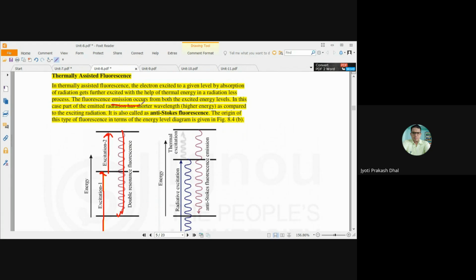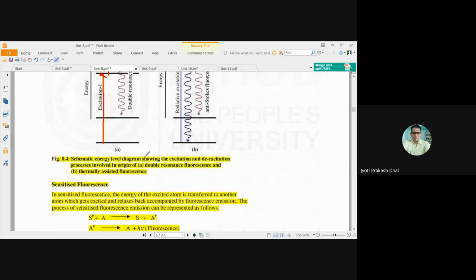So the fluorescence emission occurs from both the excited energy levels. In this case, part of the emitted radiation has a shorter wavelength as compared to that of the exciting radiation. It is also called anti-Stokes fluorescence. The origin of this type of fluorescence in terms of an energy level diagram is shown here.